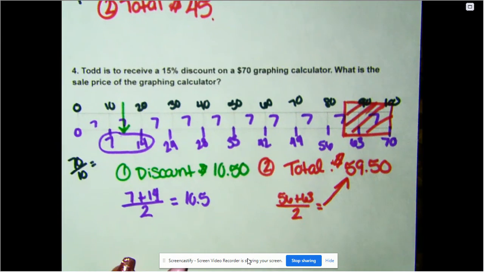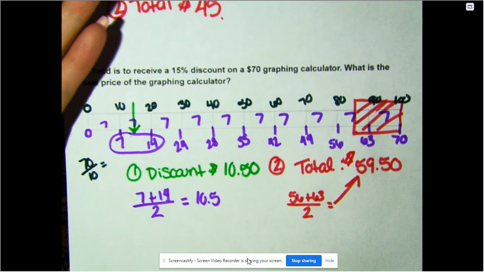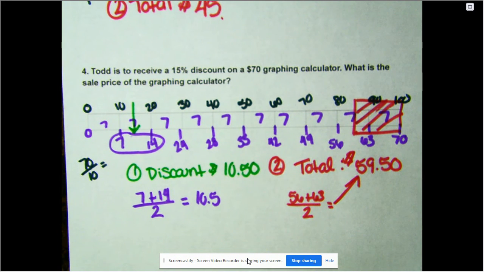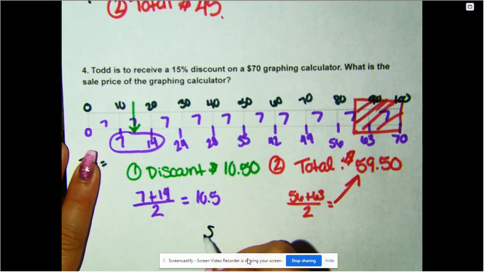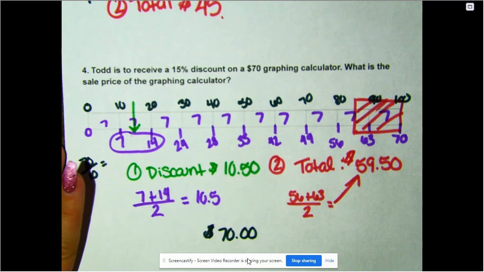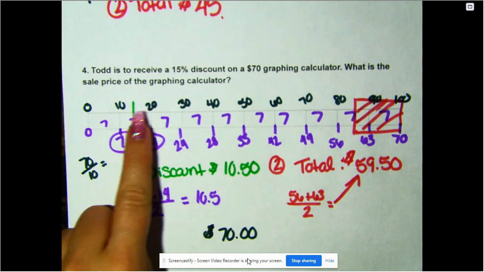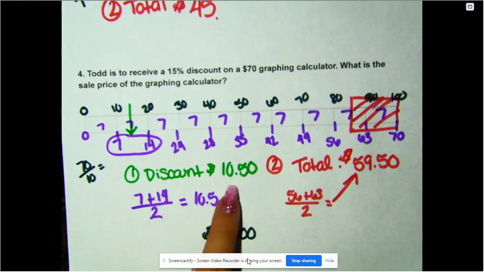Okay. However, I'm also going to show you another way that you can do it too. So, knowing my discount, you can also find the total. And again, I saved it for this particular example, but you can do this with any of the examples or any of your problems on today's independent practice. So, you know that the total of this calculator costs $70, right? And we figured out my discount represents, because if it was 15%, 15 represents $10.50.